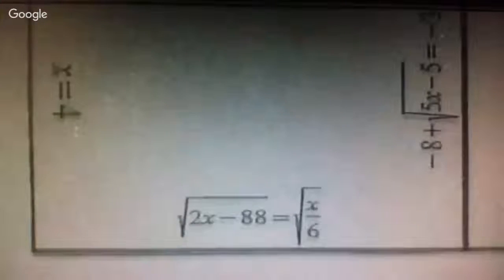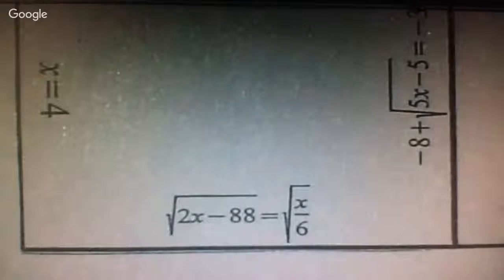Okay. So, what's my first step if I have a radical on the left and a radical on the right? Square both sides.